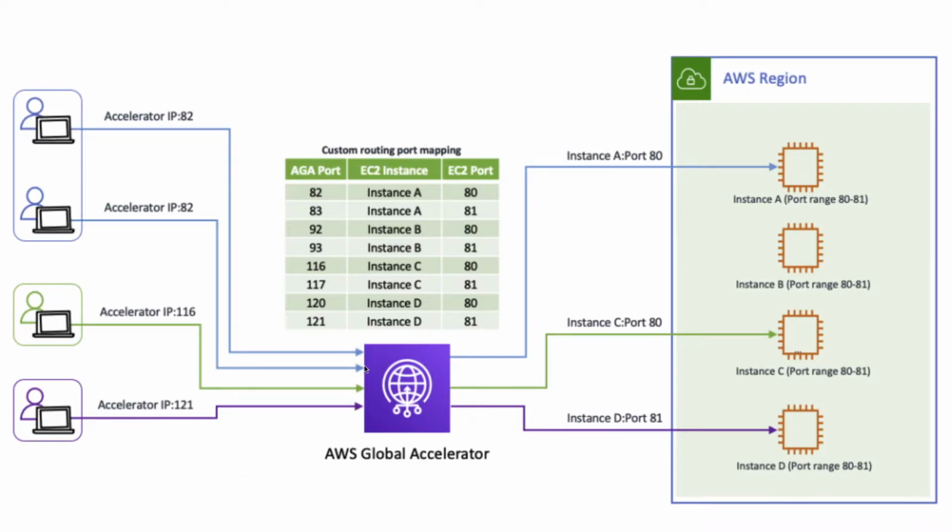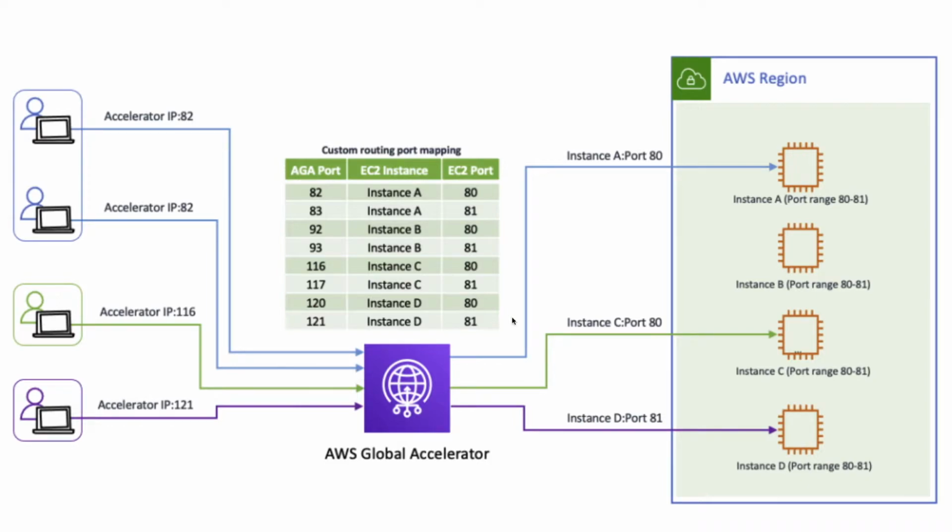Okay, so what AGA will do is, any traffic coming on the AGA IP address for port 80 will be mapped to the private IP of instance A, port 80. Port 81 of AGA, so any traffic coming to the IP address of AGA on port 81, will be mapped to instance A IP address on port 81.